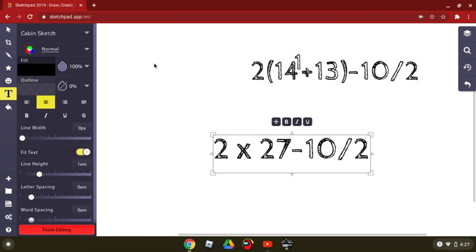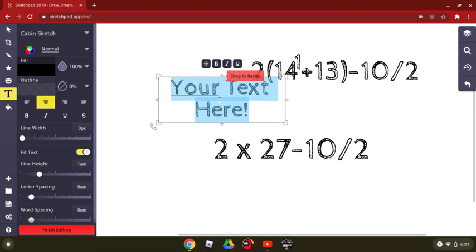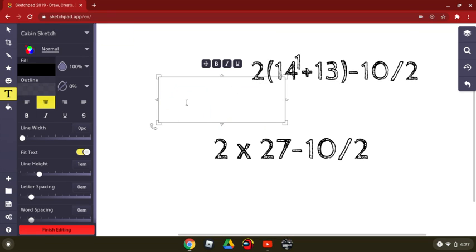All right, so let's make another box. And here we go. Delete that. And 27 times 2. So 27, enter, times, wait.